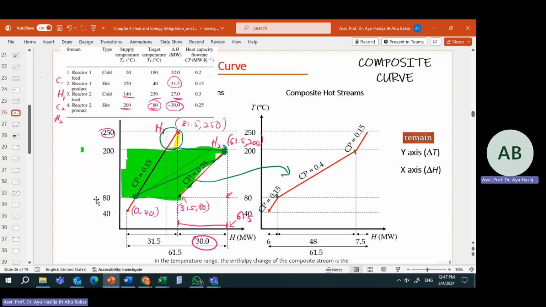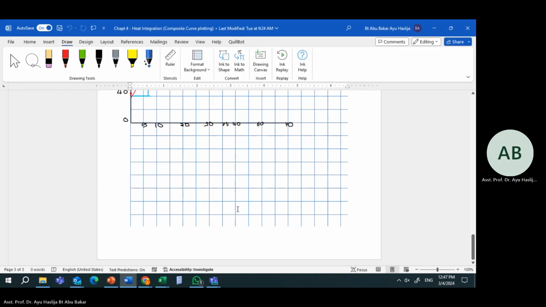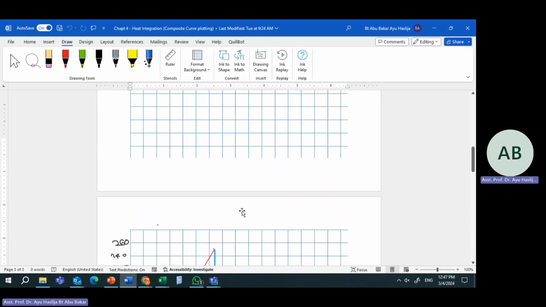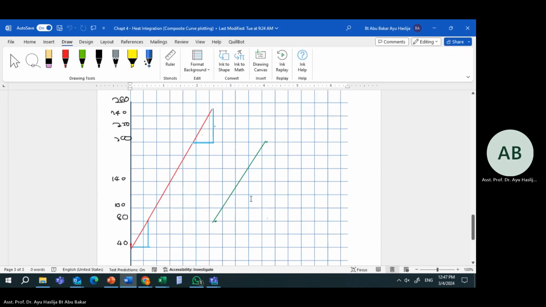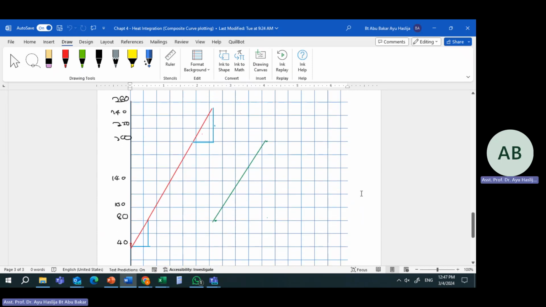Now I show you in words. Just now we had plotted H1 and H2, from 40 to 250.